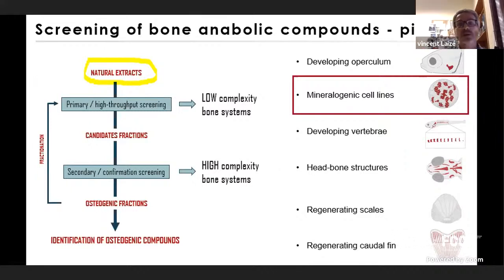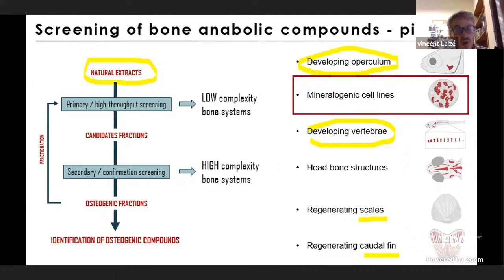And we have assembled a pipeline using different systems. All these systems are based on a different skeletal structure. So here we are looking at the developing operculum or the developing vertebrae. We are also looking at the regeneration of some bone-like structures, such as the scale or the caudal fin.